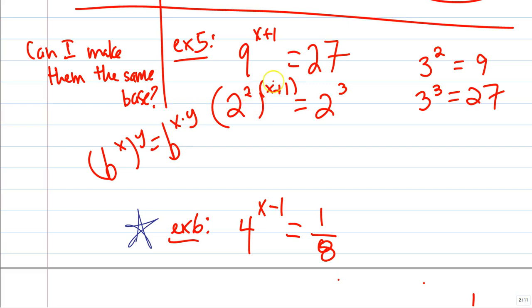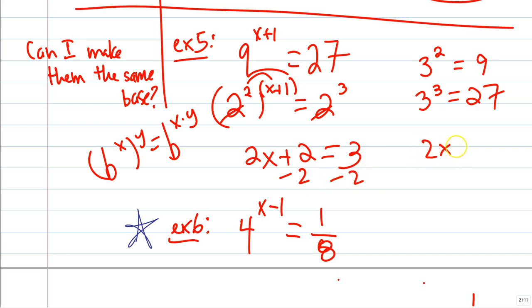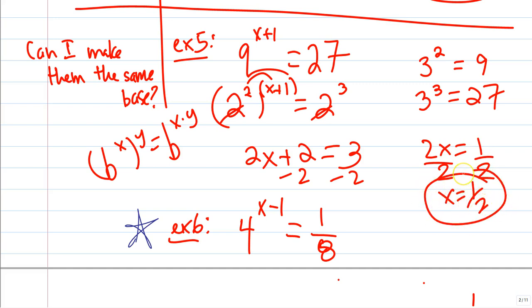So now that these bases are equal, I can set the exponents equal, 2x plus 2 equal to 3. Now when I solve, I subtract the 2 and get that 2x is equal to 1. Dividing, I get that x is equal to 1/2.